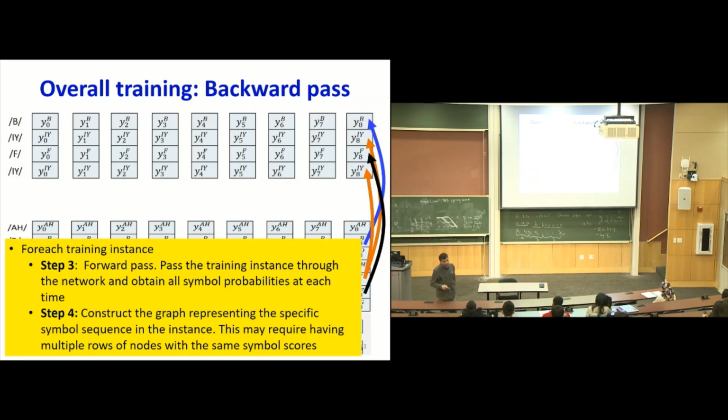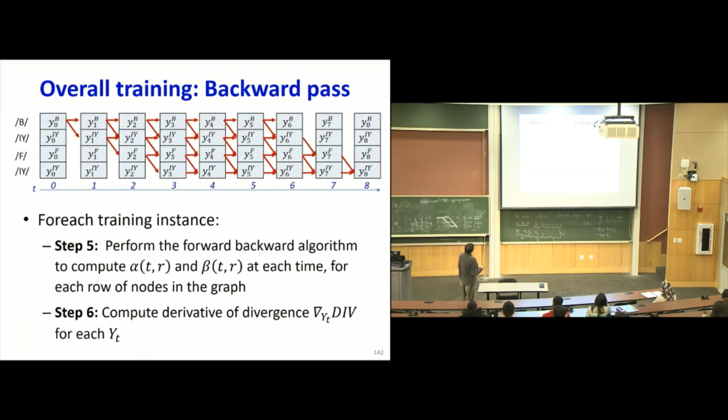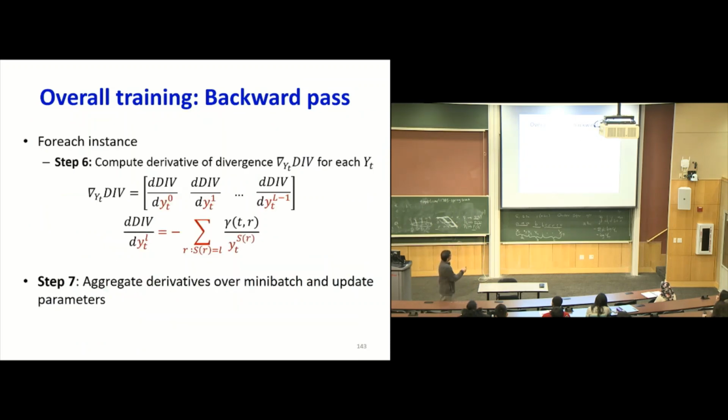Then compose the reduced graph, the table. From this one, you perform the forward-backward algorithm to compute alpha and beta at each time. And then from the alpha and beta, you compute the gamma at each time. Using the gamma, you compute the derivative of the divergence at each time. And then you aggregate the derivatives over the mini batch and update your parameters.